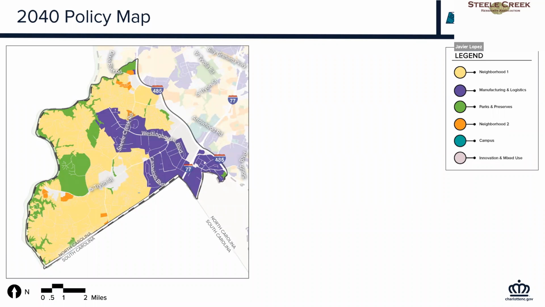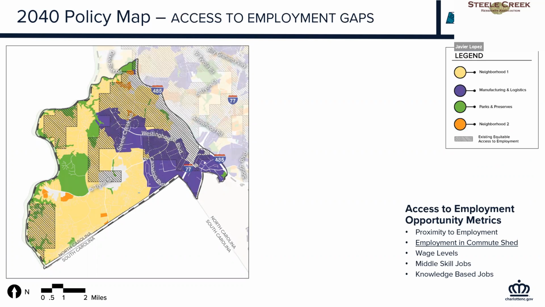Hi, Ellie. Yes. So, just stepping back to the black hashed blocks map, I'm scratching my head here on that lower left, and probably similar for other areas. Why is there existing equitable access to employment down in that lower left portion and other areas?